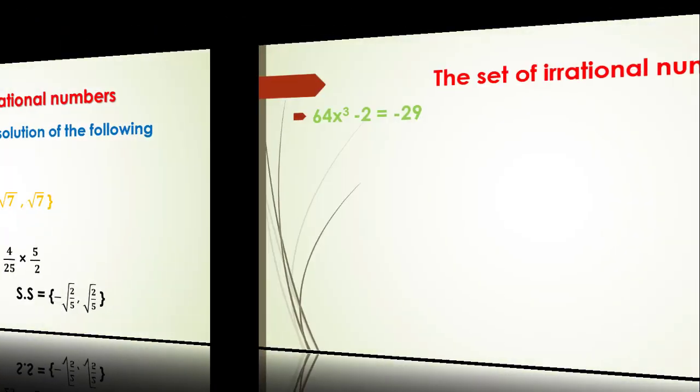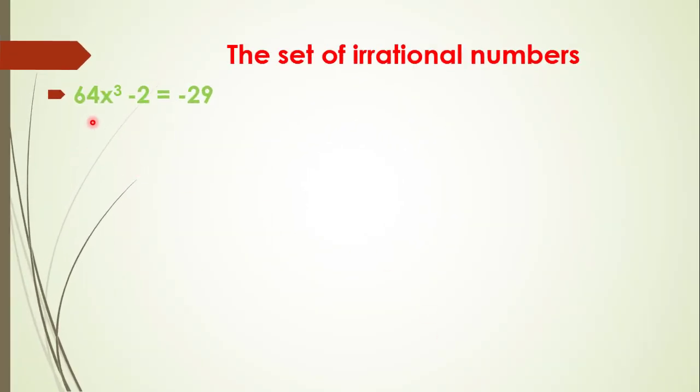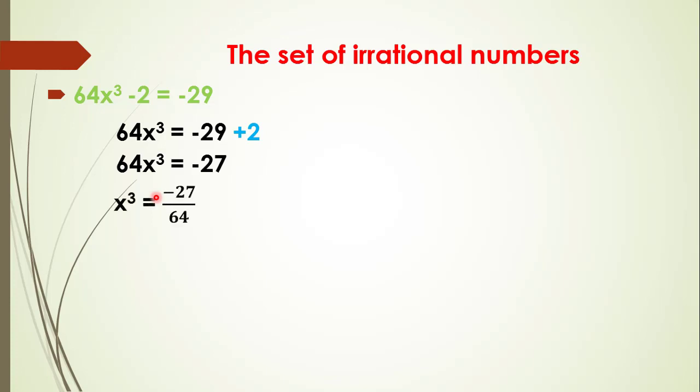Let's take another one. 64 x power 3 minus 2 equals negative 29. At first, I move negative 2 to the right-hand side with a positive sign. So 64 x power 3 equals negative 29 plus 2, which is negative 27. Now I want to cancel 64, so I'll divide by 64 on both sides.